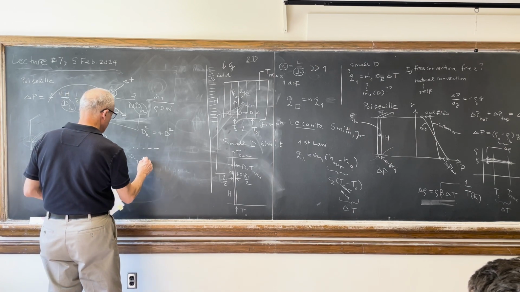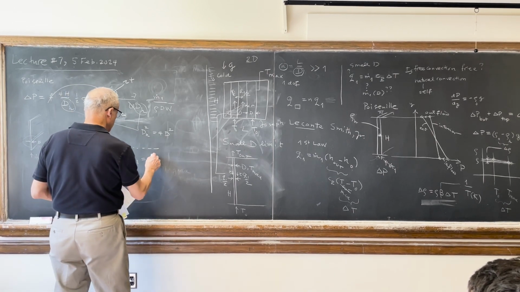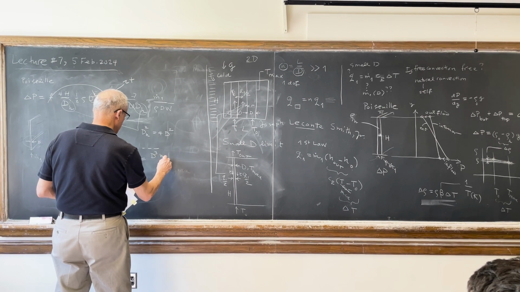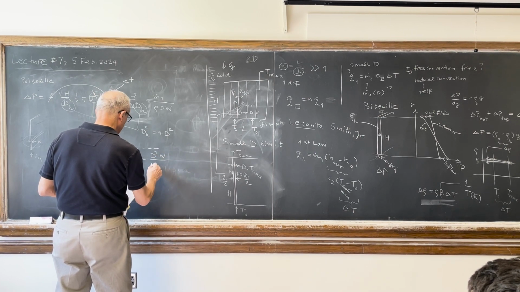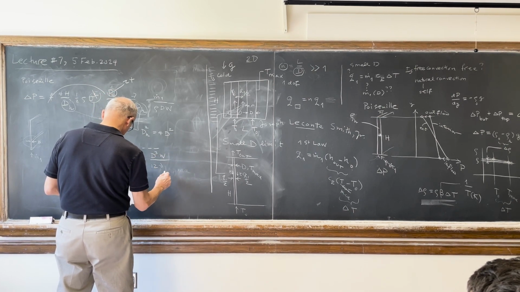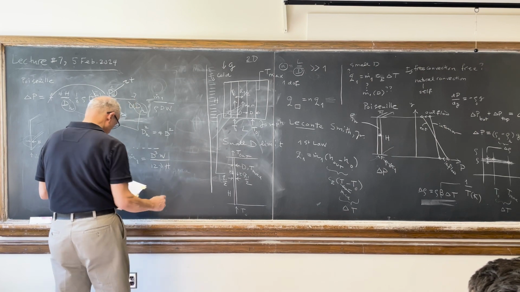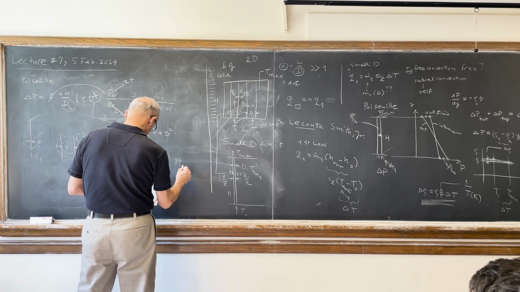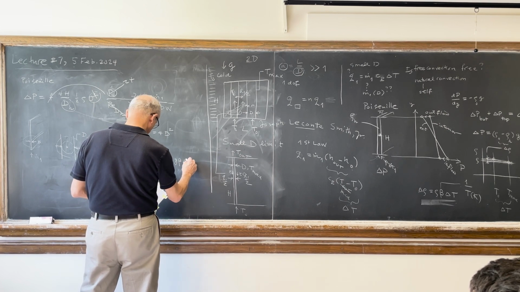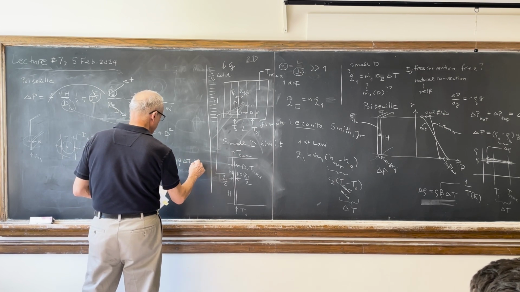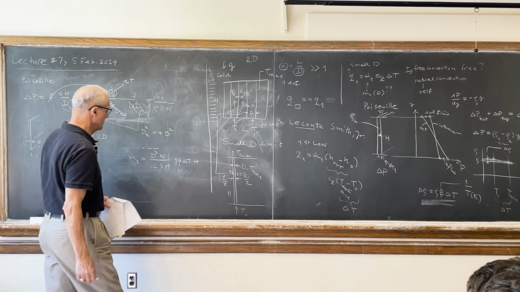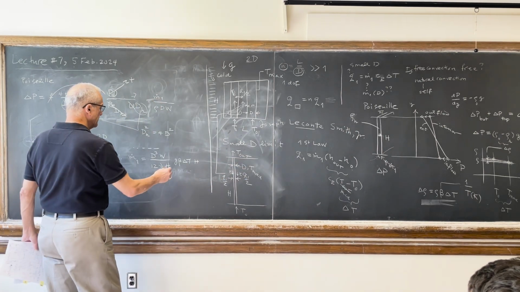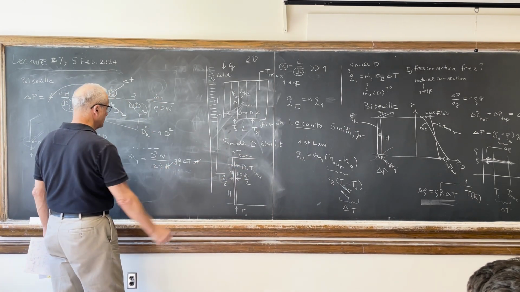M dot 1 equals d cubed w over 12 nu h, and then g beta delta T, h from the pressure drop contribution. The height drops out.